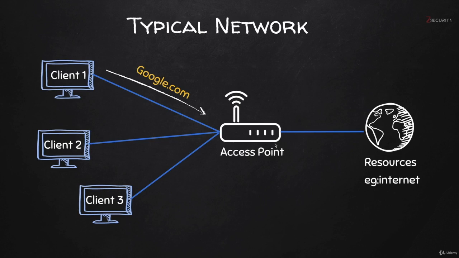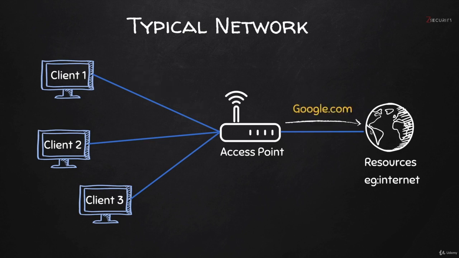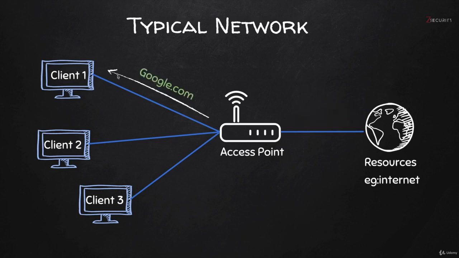The access point has access to the resource, which is the internet in this example, so it will go and look for google.com, receive it, and forward that response to your computer. As a result, you will see the website loading in your browser.